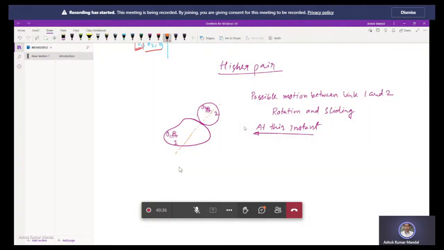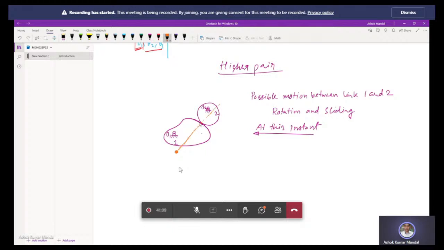Okay. But in this case, you see that we can present this rotation and sliding at this instant. Suppose this is the common normal which is drawn here at the contact point. Now we can always find out the center of curvature of this surface.